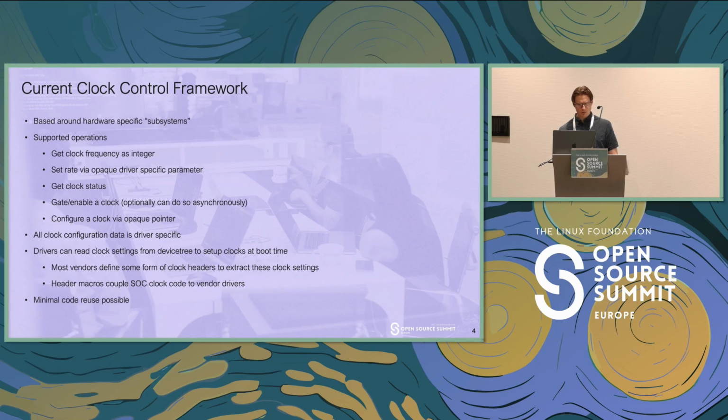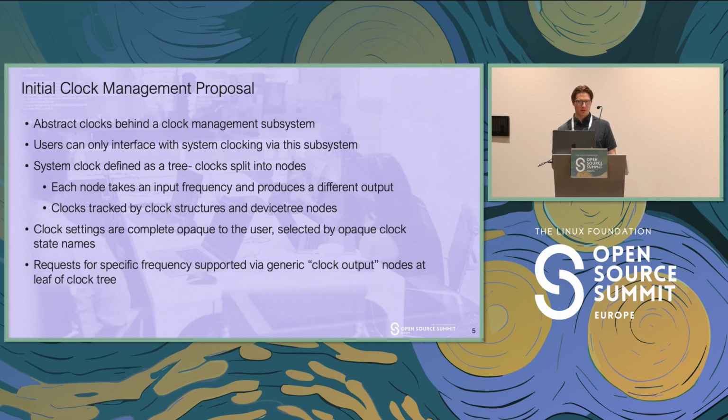So now let's talk about the initial proposal. This is the proposal as I made it last year, just to give you an idea of where we started from, and then we'll talk about the feedback. The key idea was to abstract clocks behind a clock management subsystem. Users wouldn't interface with clocks themselves, but only with the clock subsystem, and the management subsystem would take care of interacting with the clocks.